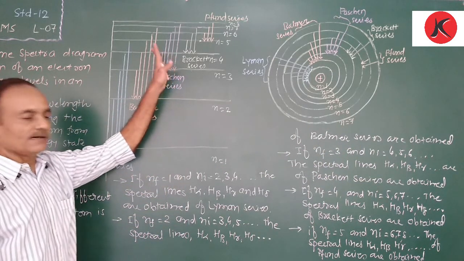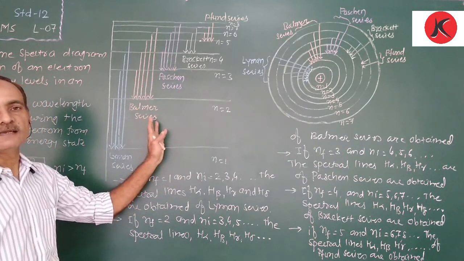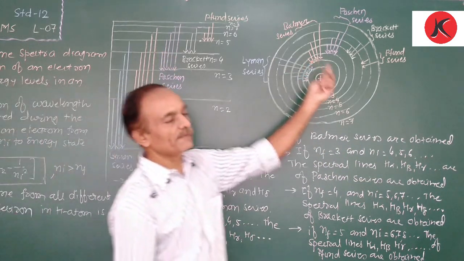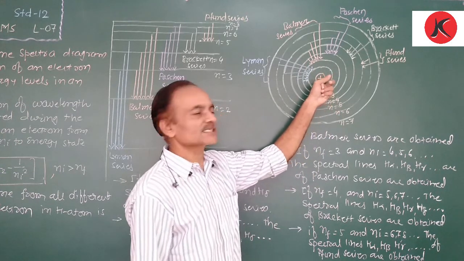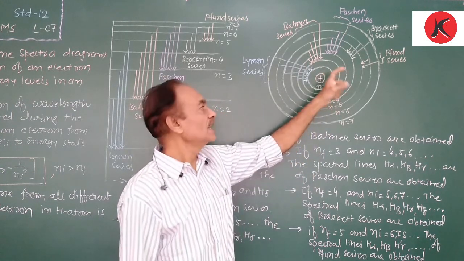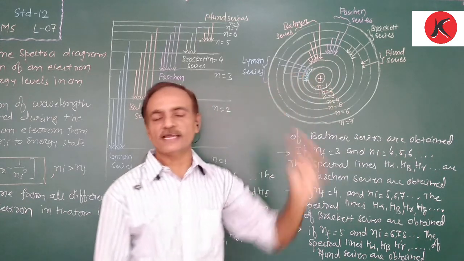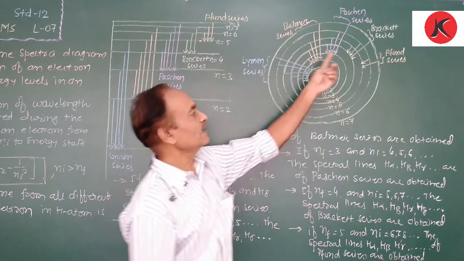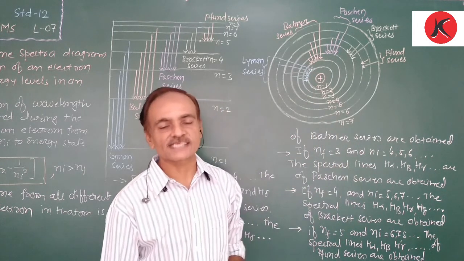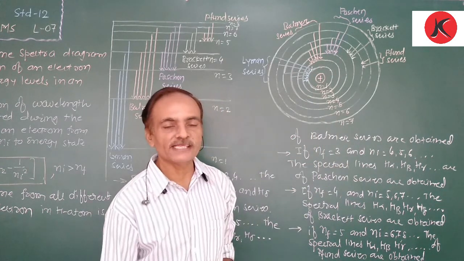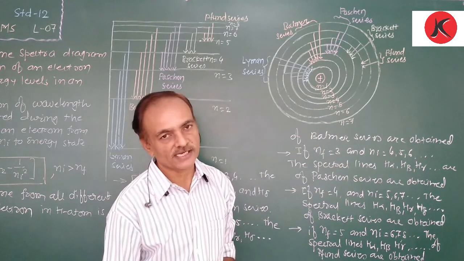So that is the diagram of the energy levels, shown in the orbit. The central small region is known as the nucleus, having the positive charge. The first is the ground state corresponding to n is equal to 1, and other orbits are known as the excited states corresponding to n is equal to 2, 3, 4 and so on.